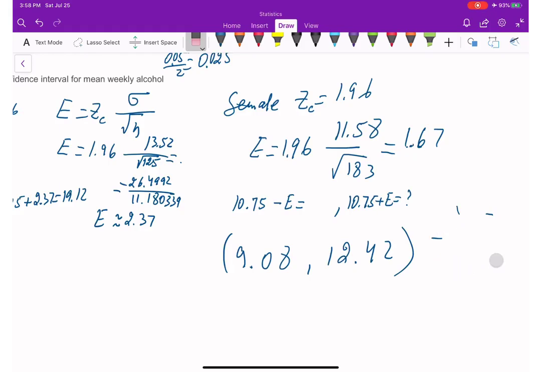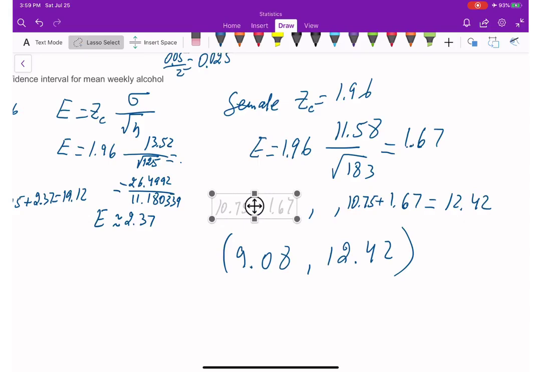Okay? 1.67, and accordingly you should write down minus 1.67 and then plus 1.67, and this one you should get 12.42, and this one you should get 9.08.